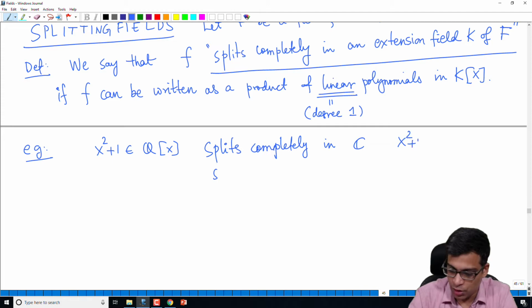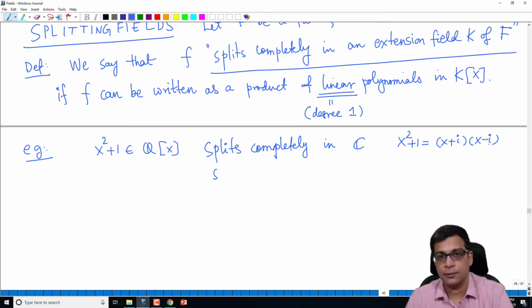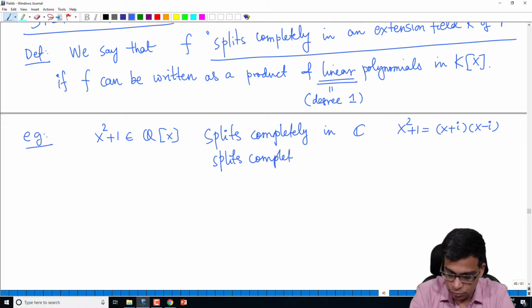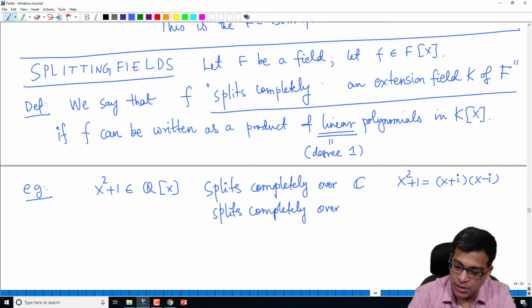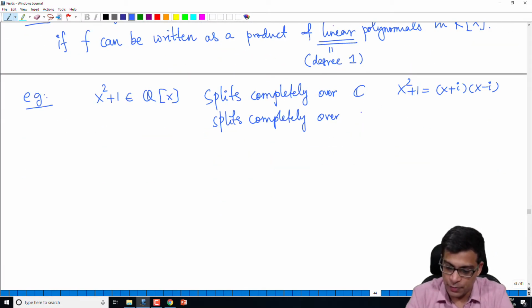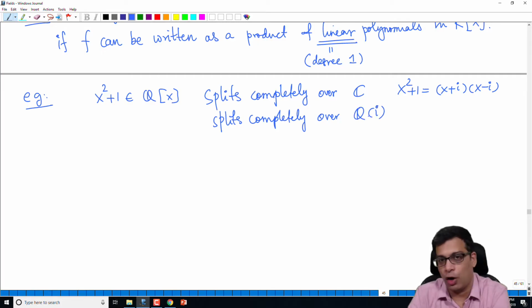Because x squared plus 1 can be written as (x plus i) times (x minus i), where i is in C. Or rather, I should slightly modify this: it splits completely over an extension field K. It also splits completely over Q adjoin i, because we don't need all of the complex numbers for this splitting, we just need i.